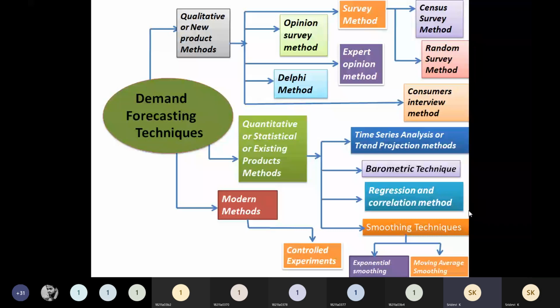Coming to the next methods, that is modern methods. Under modern methods, controlled experiments is one of the techniques you can use. What do controlled experiments indicate? How will this help you, and how do you conduct these experiments?